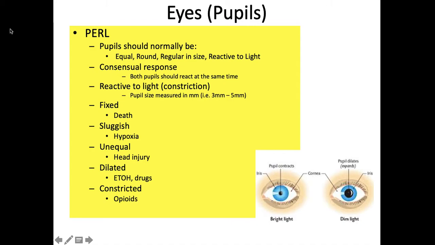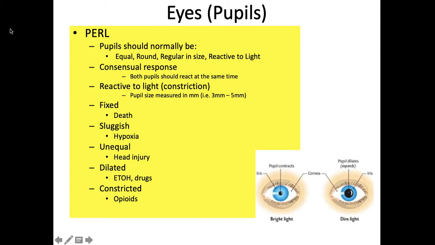When you go out into the sunlight, the pupils constrict to reduce the amount of light because obviously there's more ambient light. So when you apply a light to someone's eyes, they should constrict the pupils. So what we look at is how do the pupils respond to our light source.